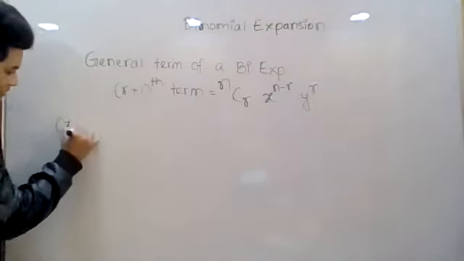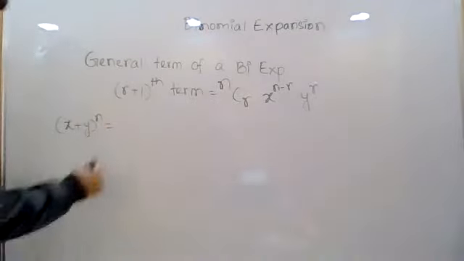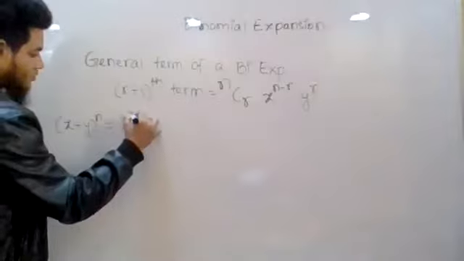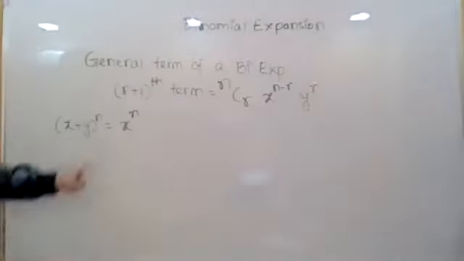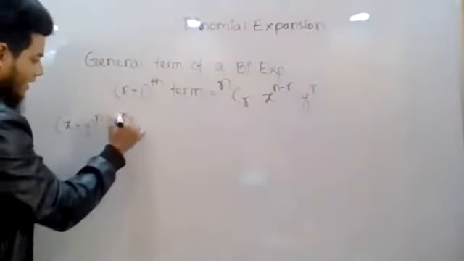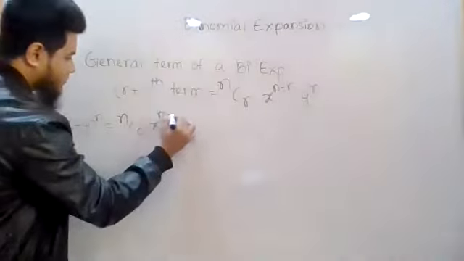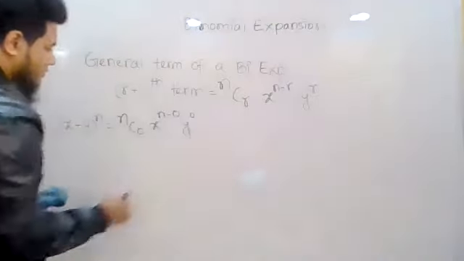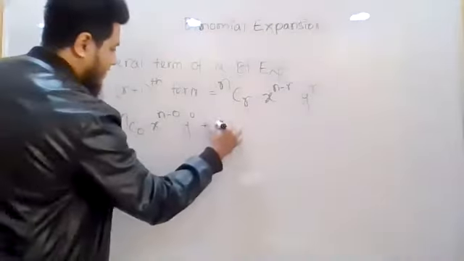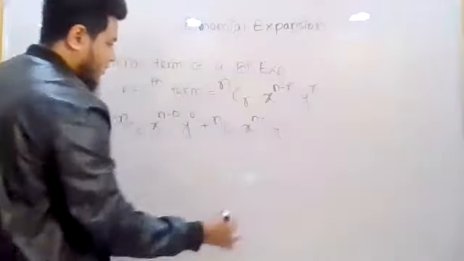I will show you an example. Let me expand the binomial, let me write the binomial theorem. Here we have x to the power n, right? But we all know it is not only x to the power n. Here we have nC0 x to the power n minus 0, y to the power 0, and then nC1 x to the power n minus 1, y to the power 1.